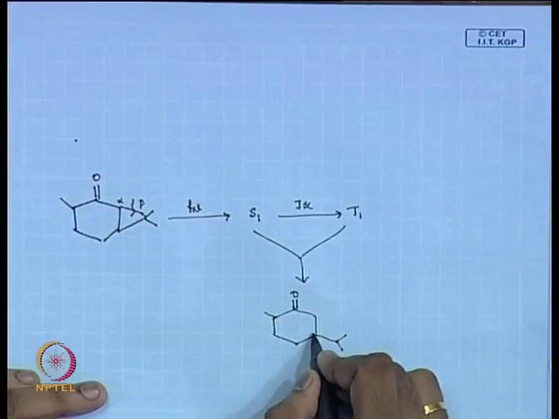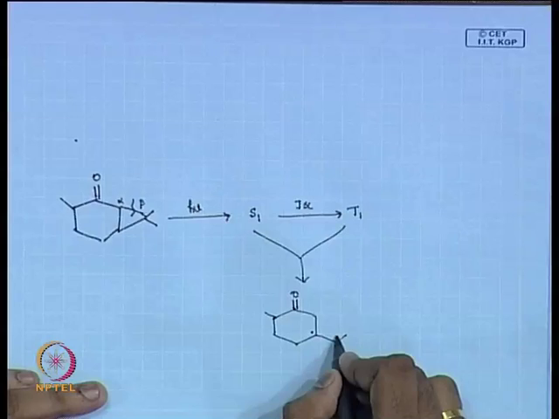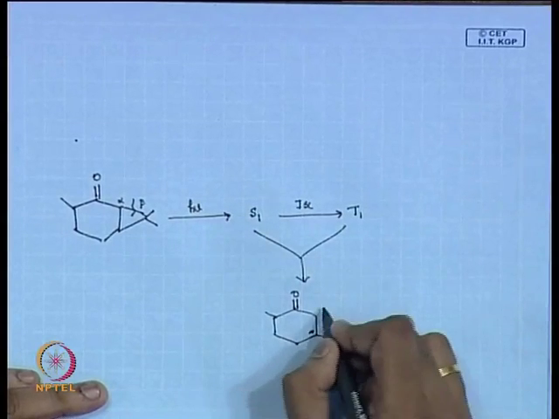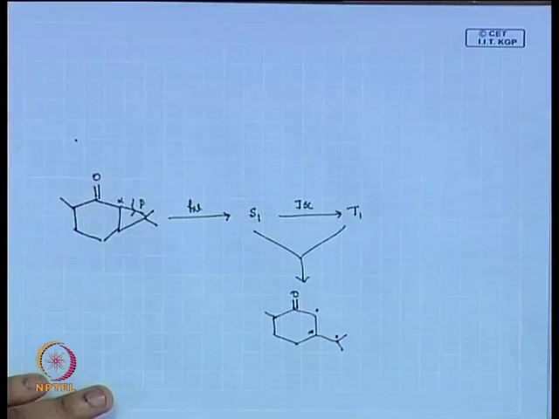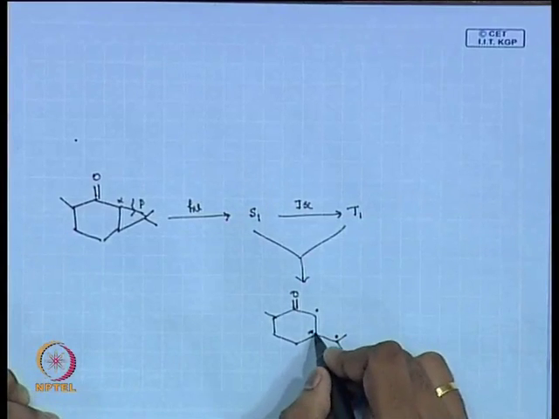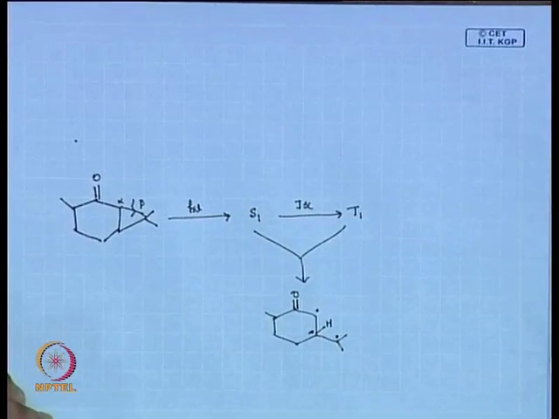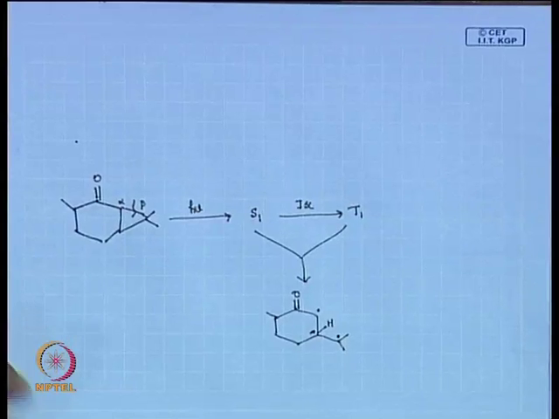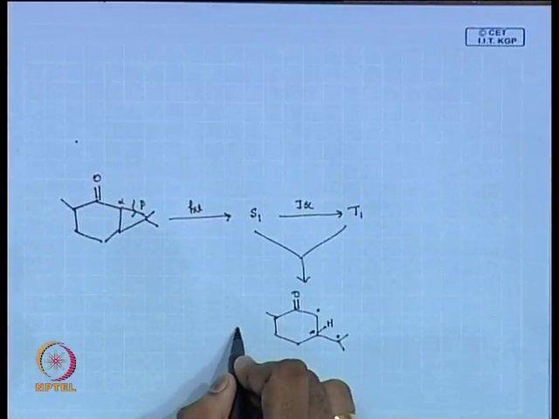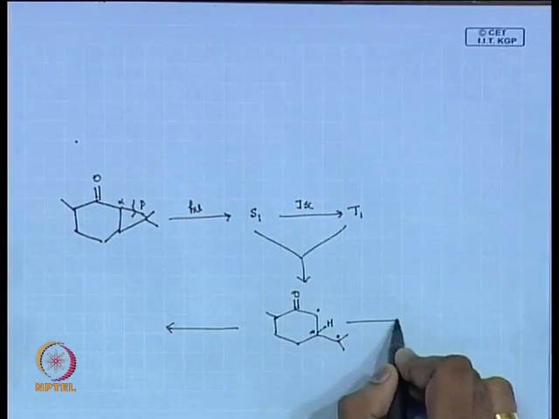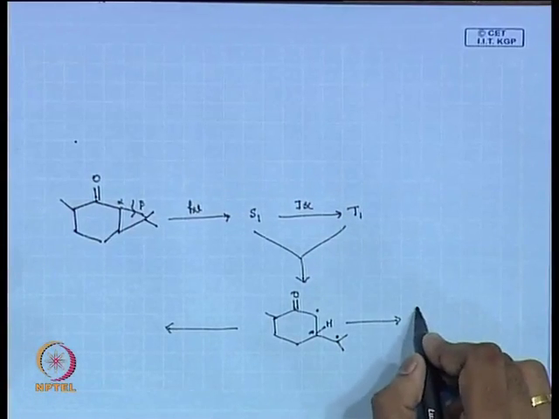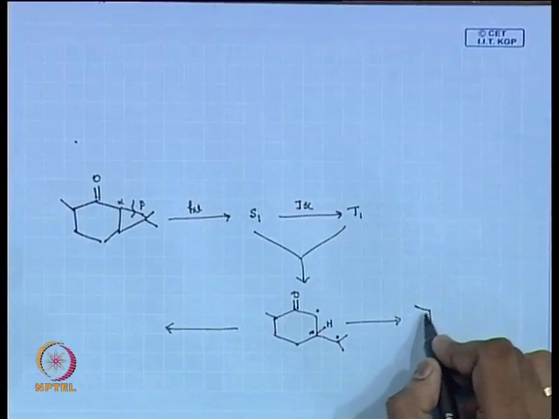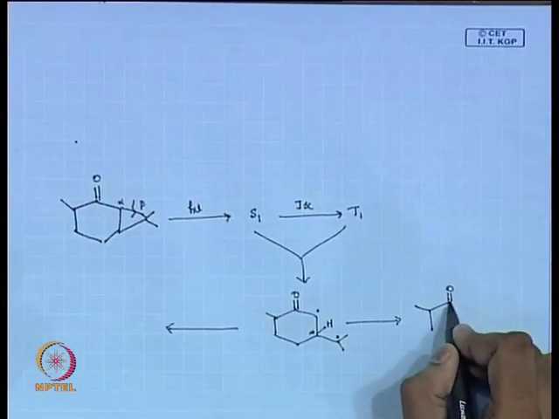I get a radical here, I get a radical here, and then I have a hydrogen here. So, you can write two products. First, initially you try to write all the products, then decide and understand which will be the good one.